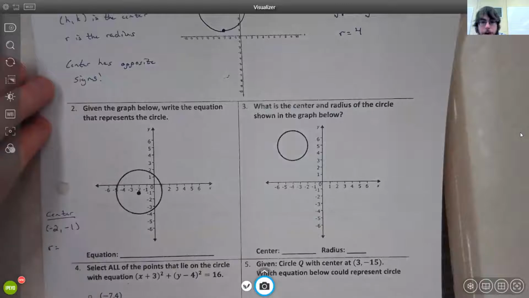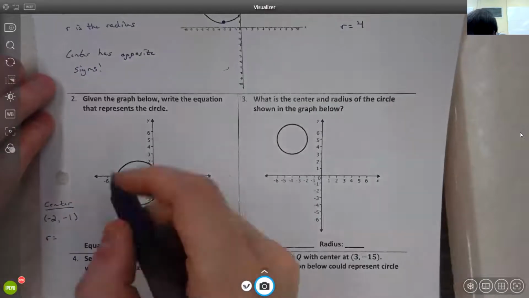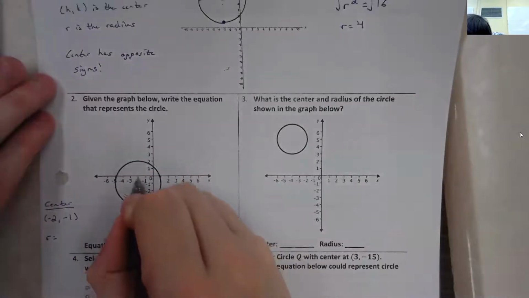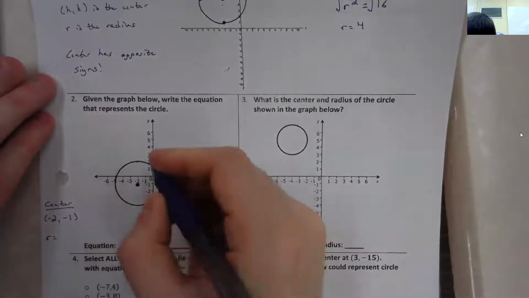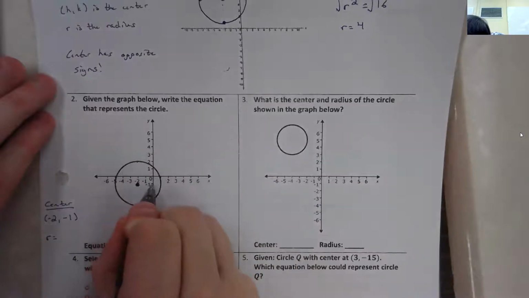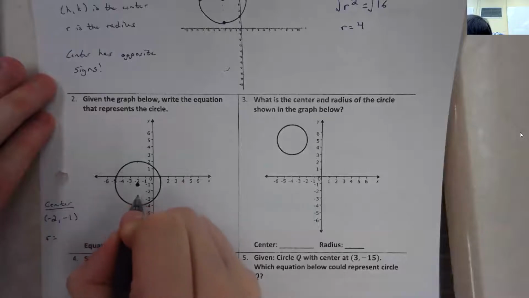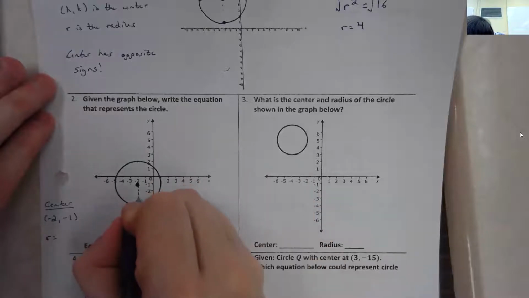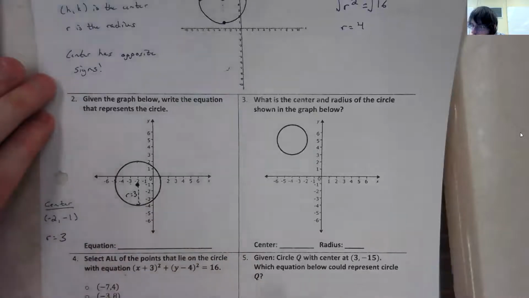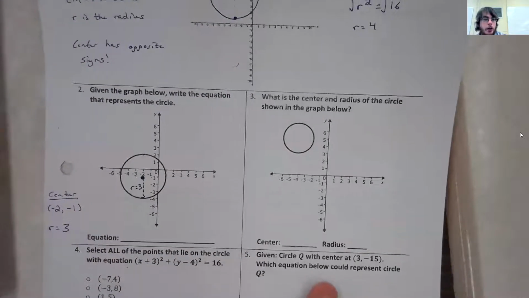We're going to start from the center and make sure we've gotten the correct center. So we have to go from negative 2, negative 1. We go up 1, 2, 3. We go right 1, 2, 3. Left 1, 2, 3. and 1, 2, 3. So our radius is 3.